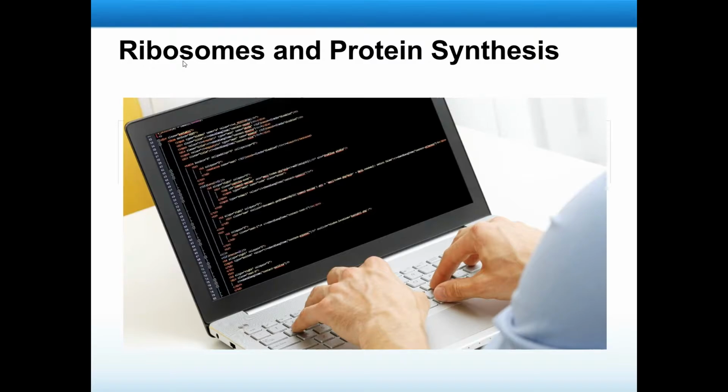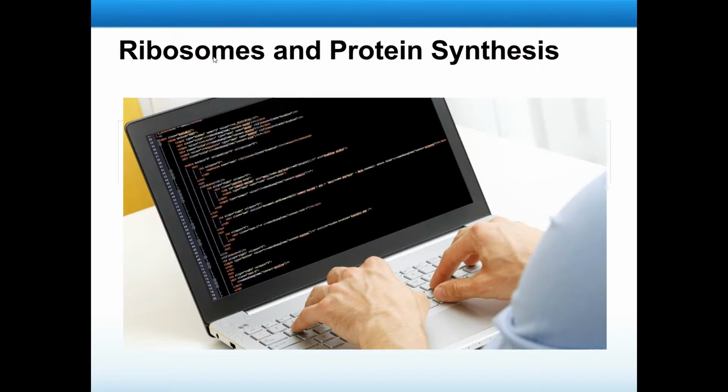We've learned about transcription, where the DNA will make a copy of itself in the form of mRNA. We've also learned about how mRNA gets edited as well, and how introns get kicked out and all the exons get put together.